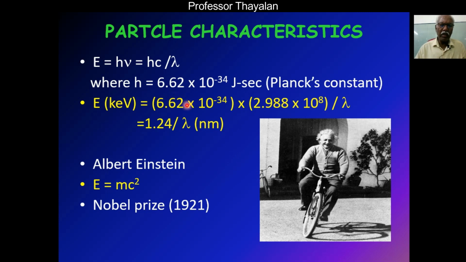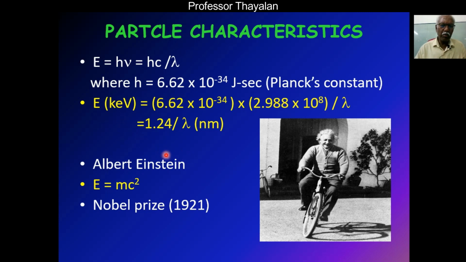If you replace the value of h in this equation and the velocity of light in place of c, then it can be reduced to 1.24 divided by λ. That means energy of the photon is equal to 1.24 divided by λ. If λ is expressed in nanometers, the energy is measured in kilo electron volts.